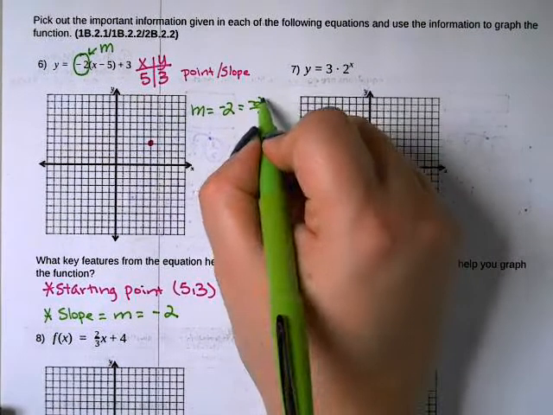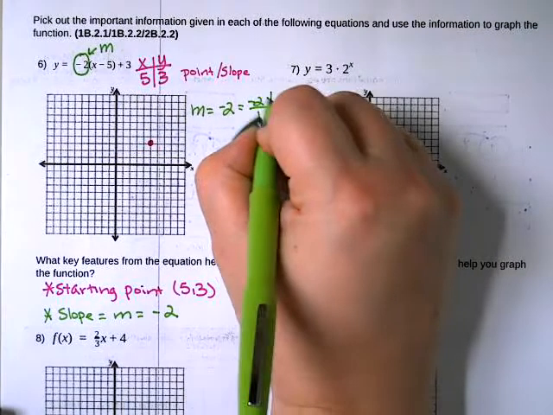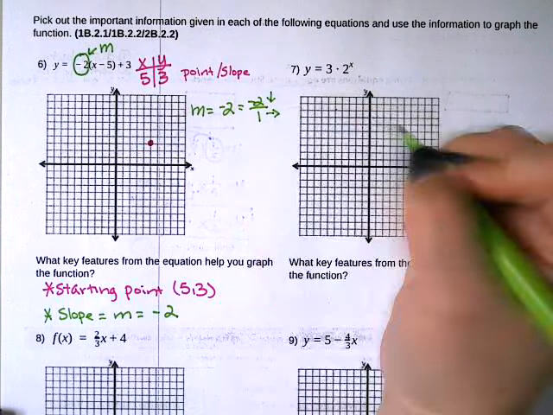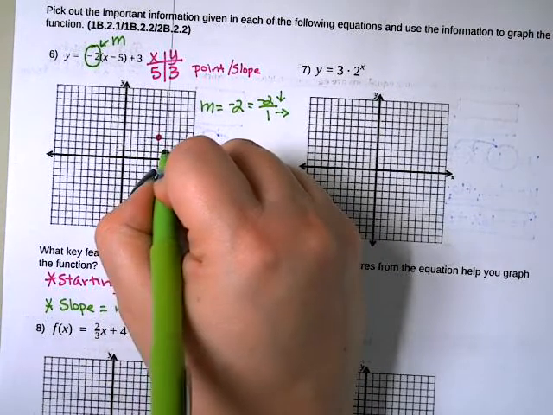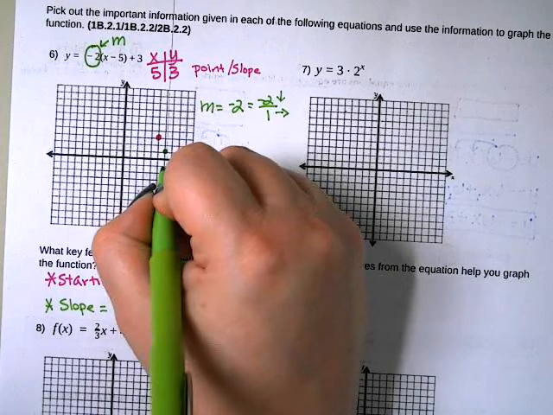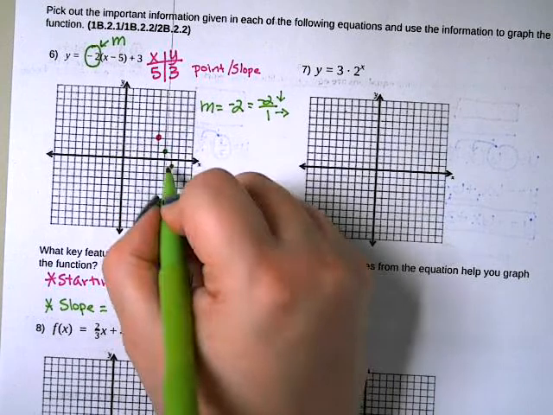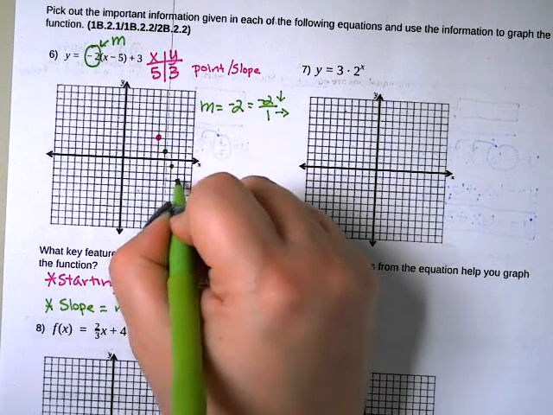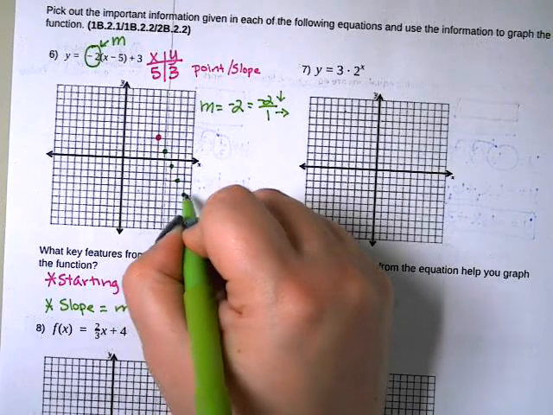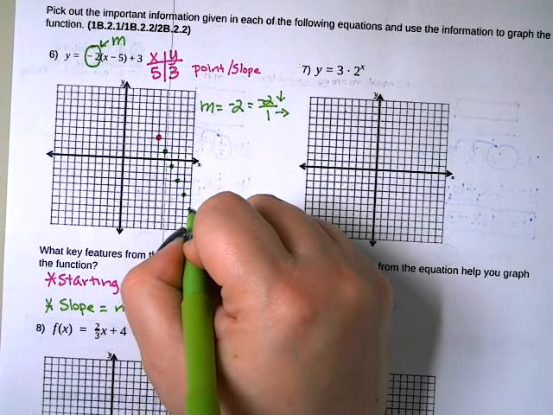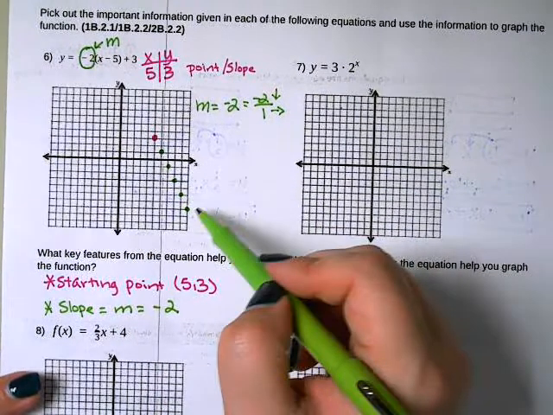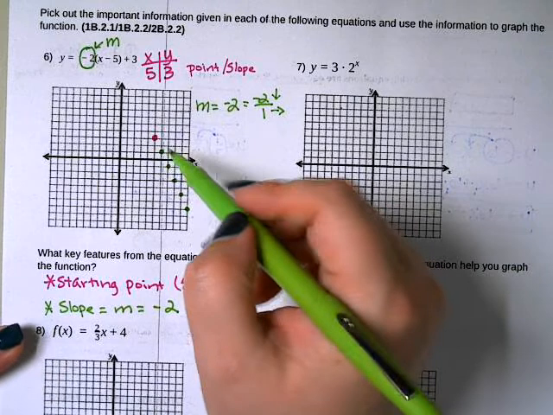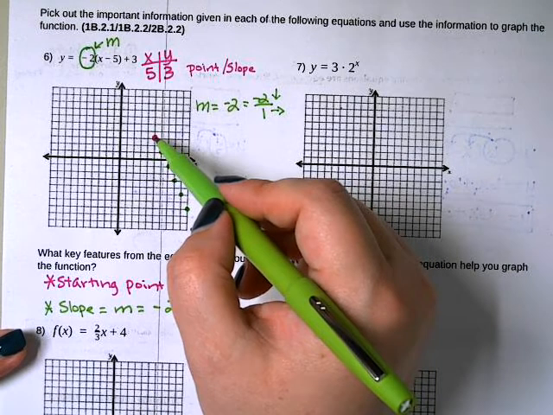So since this is a negative 2 over 1, I'm going to go down 2 and to the right 1. So from this point, I'm going to go down 2 and right 1. Now I always fill in my graph as much as I can because I like to be as accurate as possible, which means once I get to the end here, I like to then go back to my starting point and go the opposite.